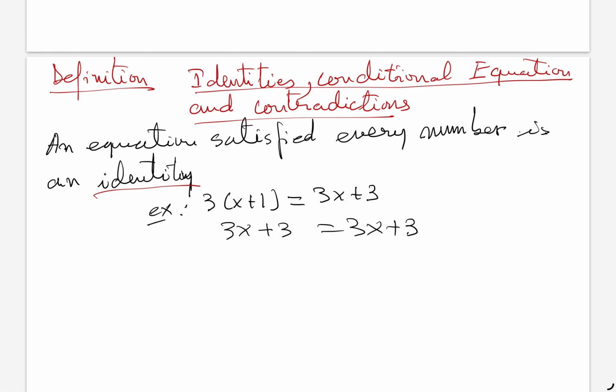So this one you will end up having 3 is equal to 3, right? 3 is equal to 3. This is true for every x. It's always true for every x. That's how you have the identity.